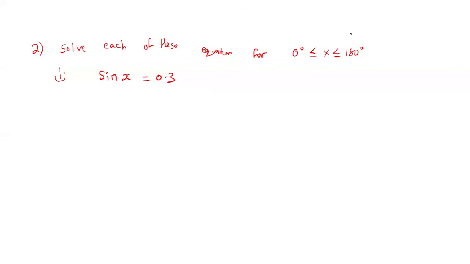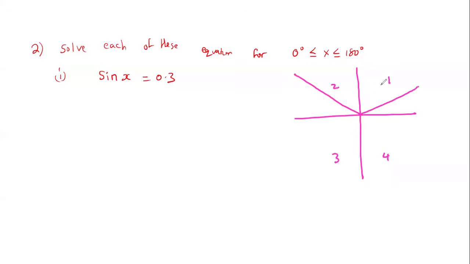That is very important. So we are going to draw our quadrants: 1, 2, 3, and 4. Members in the chat, which quadrants are our answers coming from? Aha, 1 and 2. Very good. So you draw your angle here and here.